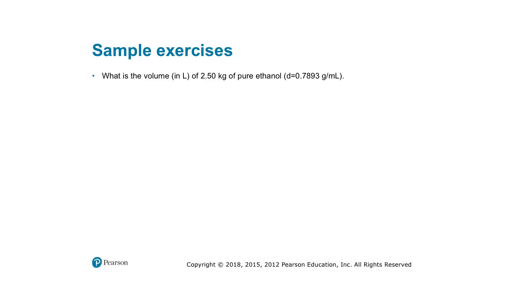So here is a sample problem. We see, what is the volume of 2.50 kilograms of pure ethanol, with a density given, but in liters. So what we want to know here is the volume in liters of this quantity of liquid. So we have 2.50 kilograms of ethanol, but we see the density is in grams per milliliter.